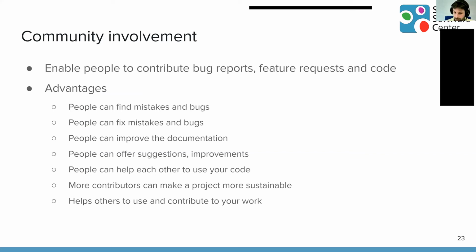People can also help each other to use your code. And as you get more contributors, both to code and to documentation, and users, this helps to make the project more sustainable. Building a community is, I would say, the key to long-term success of a project. And yes, the advantage is that it helps others both to use and to contribute to your work.